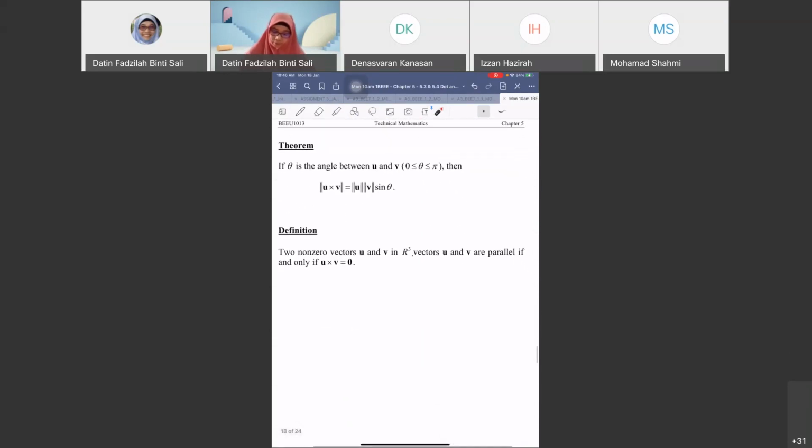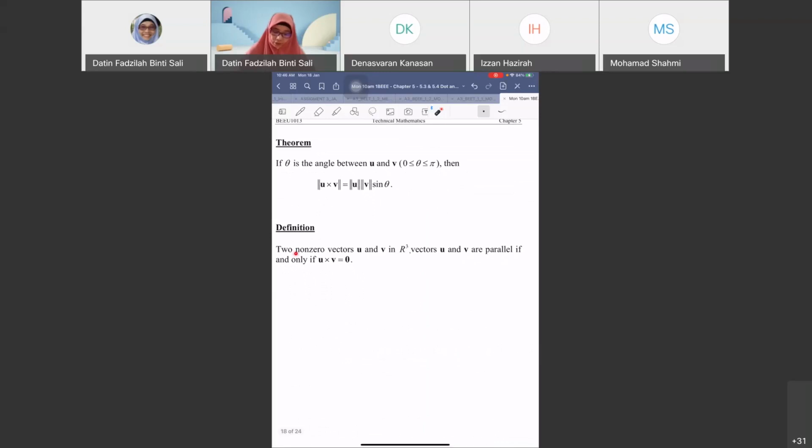This is another important definition or theorem in terms of the cross product equals 0. Two non-zero vectors u and v in three-dimensional space are parallel if and only if u cross v equals 0.